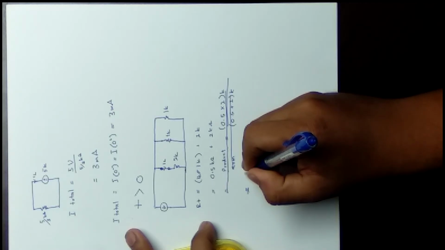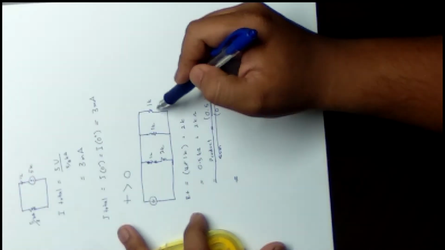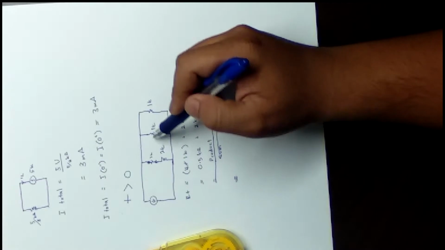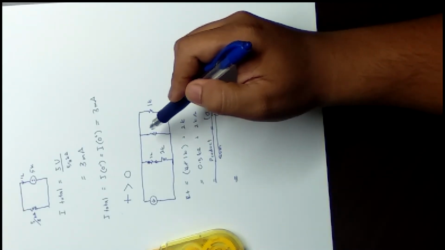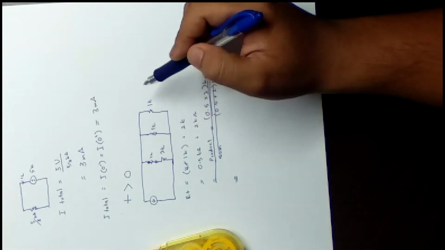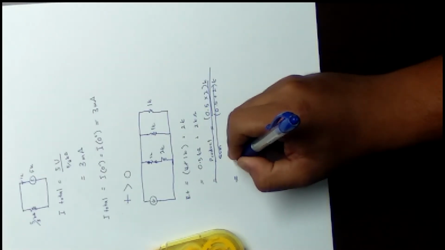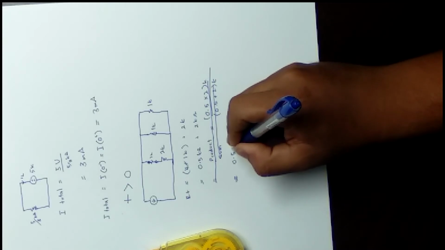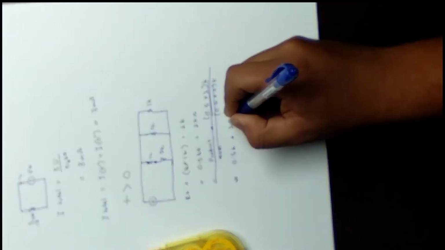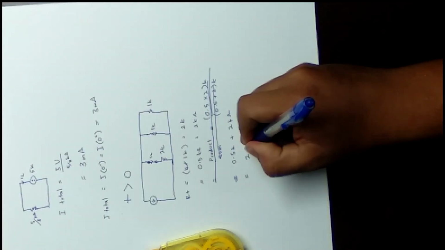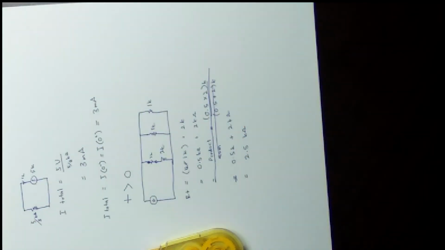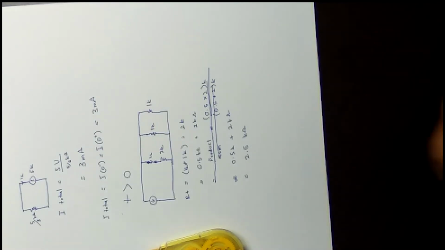The circuit is like this, and then the parallel part is in series with the other resistor. 0.5 kilo plus 2 kilo ohm, and we get 2.5 kilo. After this, we draw back the circuit.